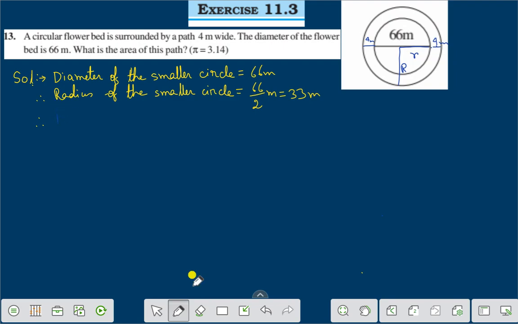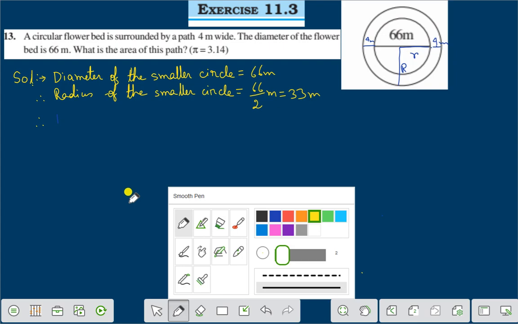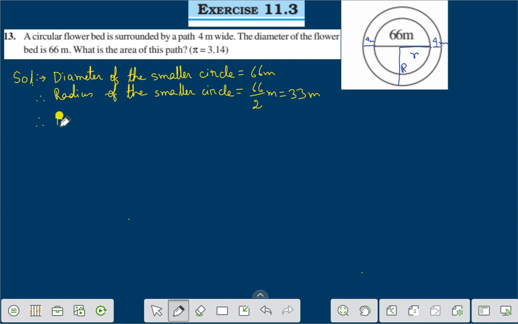So we can write that the diameter of the bigger circle is equal to 66 plus 4 plus 4 meter.